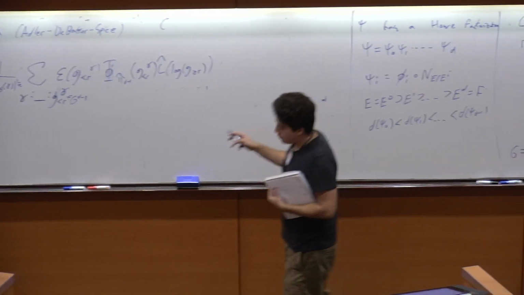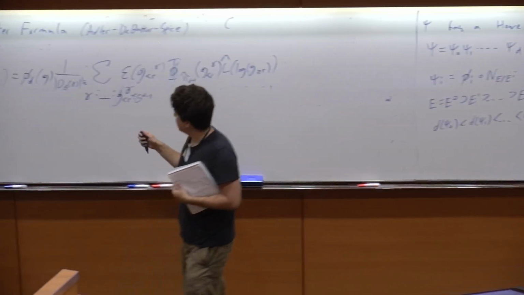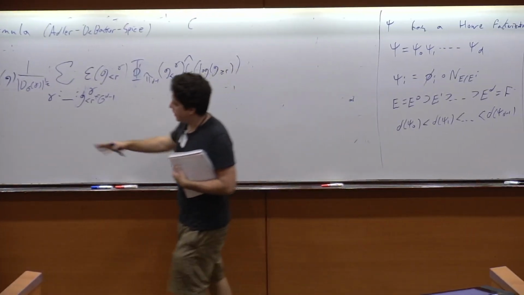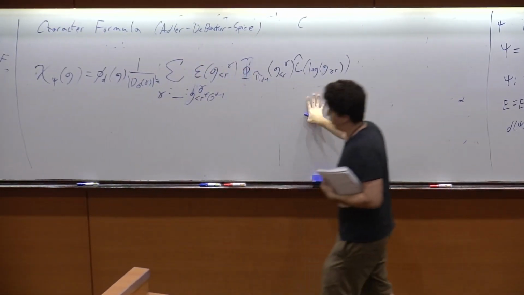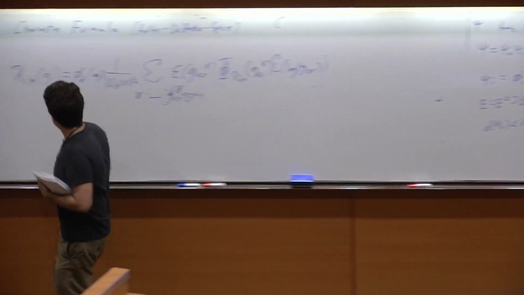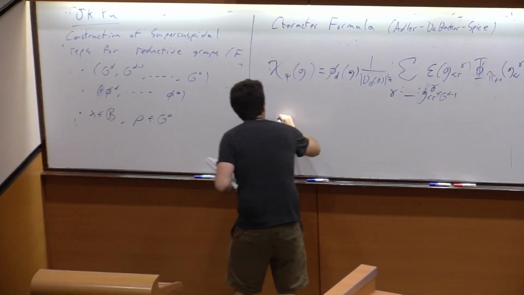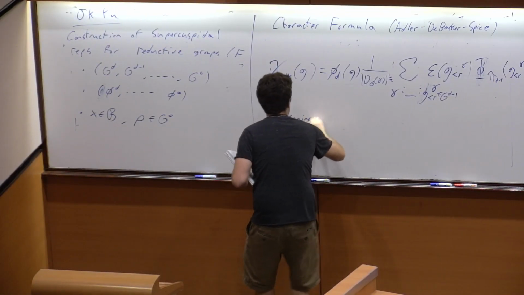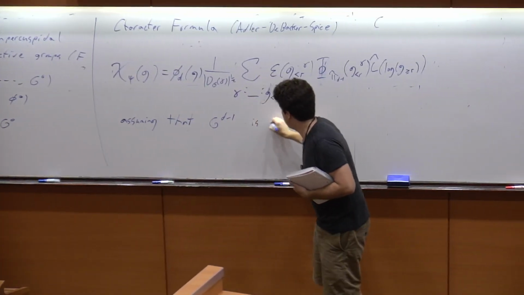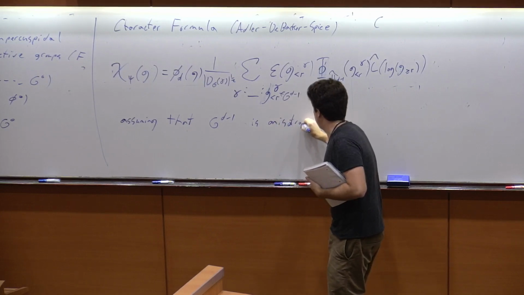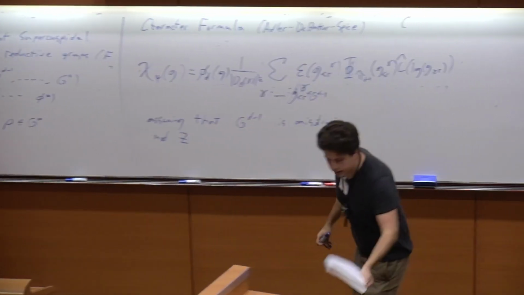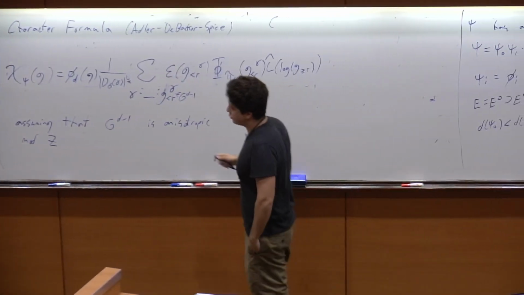Remember that prior to this, we only really had character formulas for supercuspidal characters in the case of GL2, but now we have a formula that works for most supercuspidal characters, except we do need a slight restriction, assuming that G_{d-1} is anisotropic mod the center. So this is a fairly critical assertion.